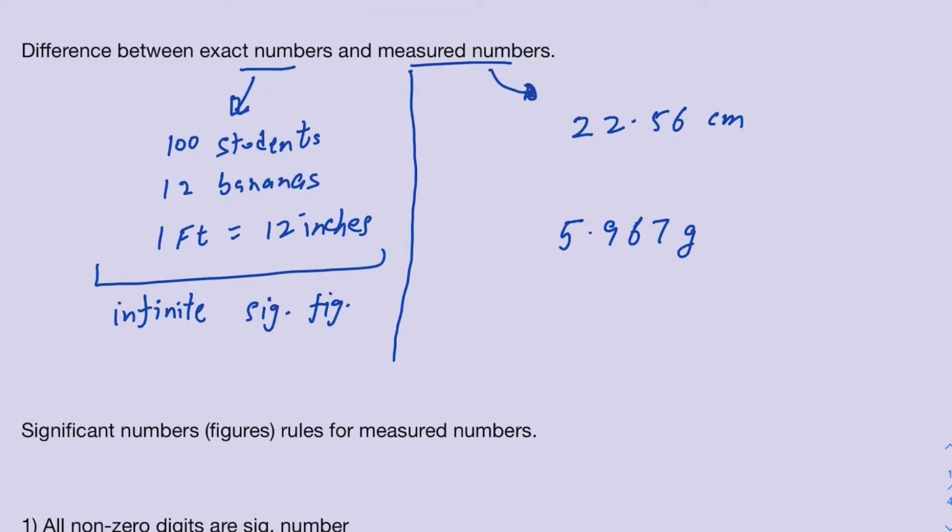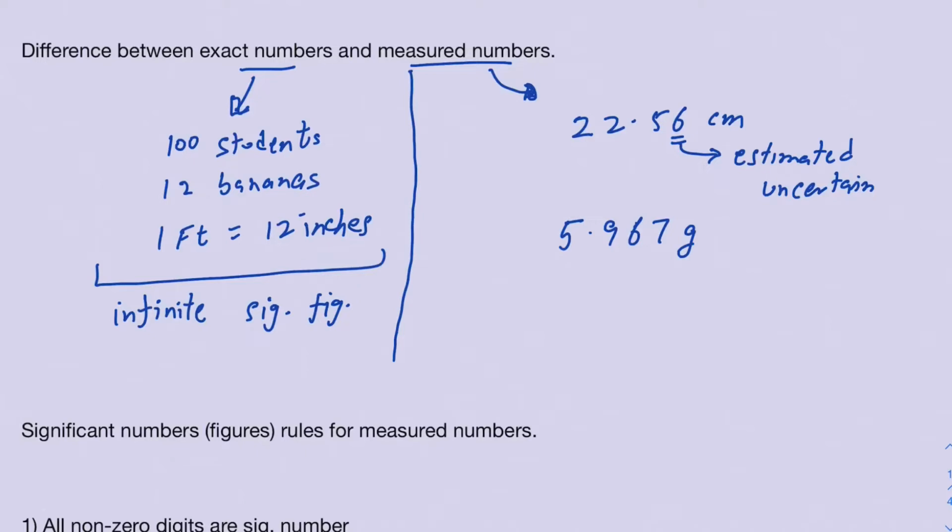One more thing to keep in mind: the very last digit in a measured number is considered to be the estimated digit, also called an uncertain digit. That uncertain digit usually comes from estimation. It does not reflect the markings on the tool, or on the metric ruler in this particular case.